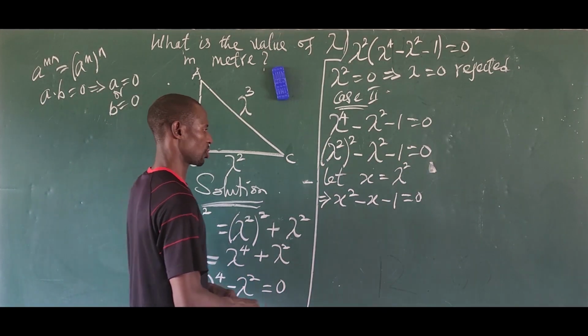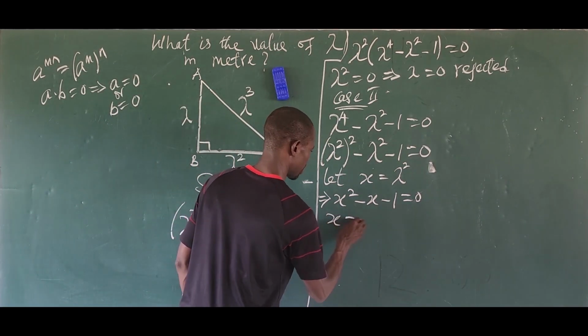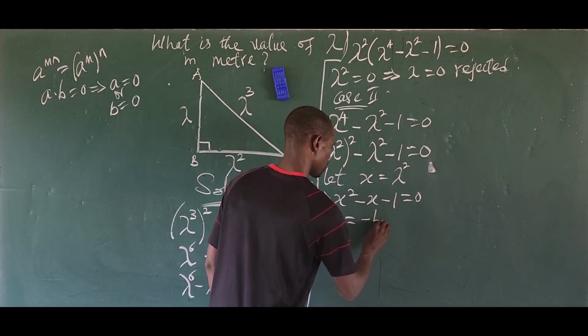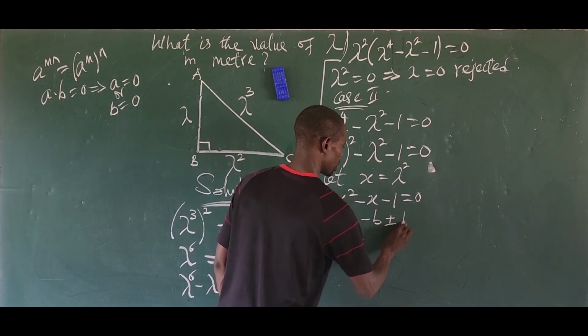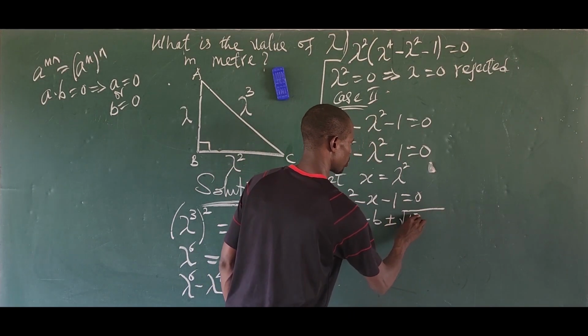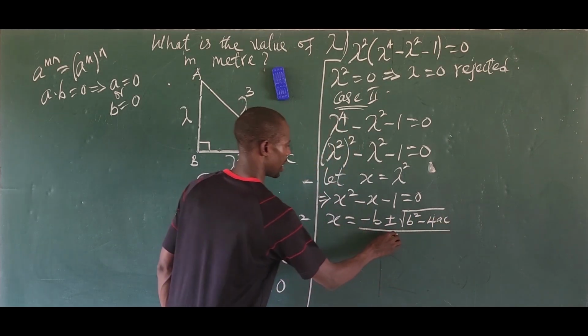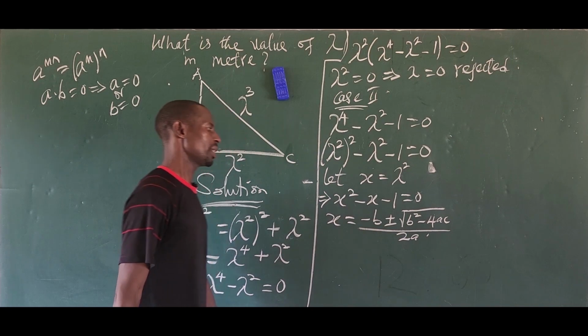So using the formula method, all we need to do is just to state our formula in x. So we have x is equal to minus b plus minus the square root of b squared minus 4ac, everything all over our 2a. What is our a?